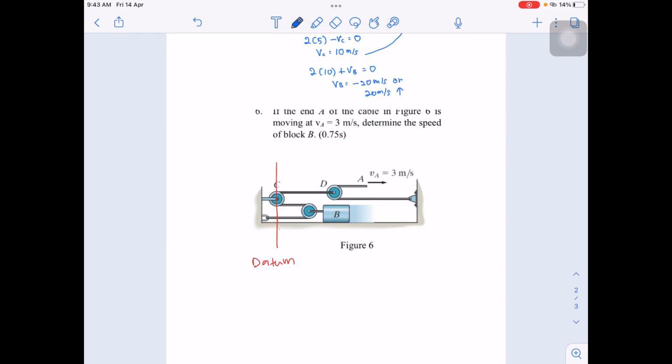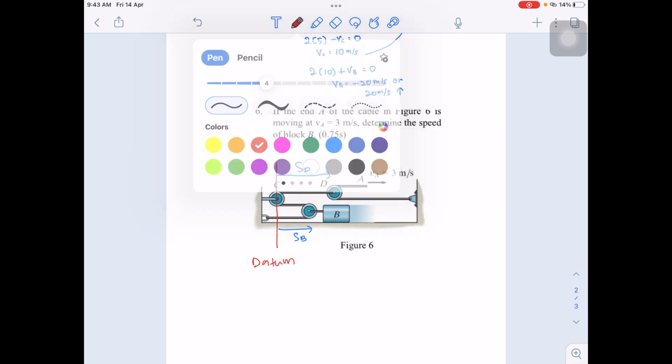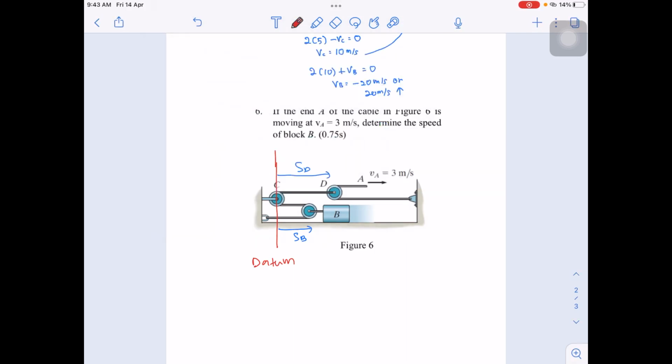This is SB, then SD. You can label SA, since we have a load at A. So here is SA.